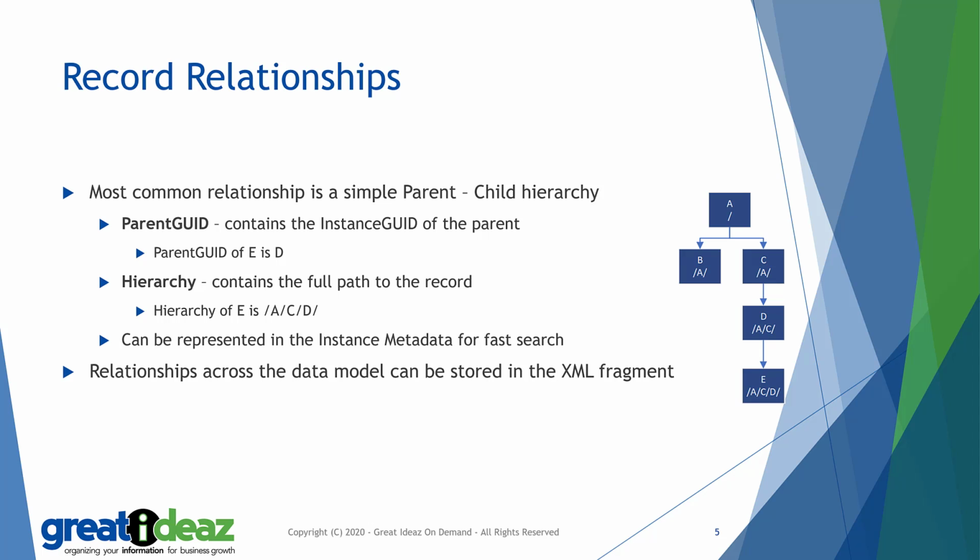Relationships between records are held within the XML fragment of the information. So relationships across the data model are stored within the XML fragment of the record. So for example, in this case, the XML of D may contain an element that references record B.